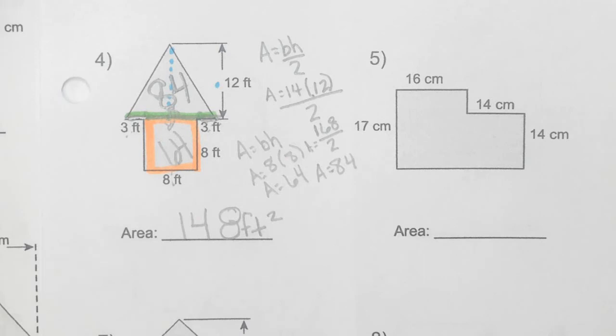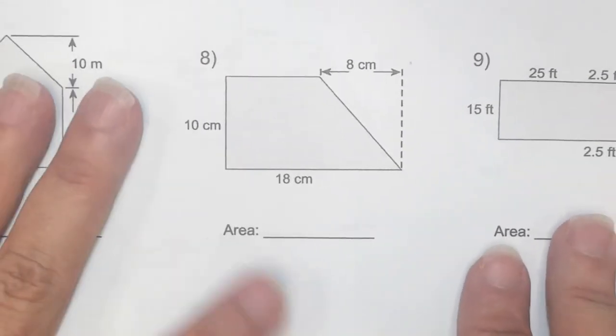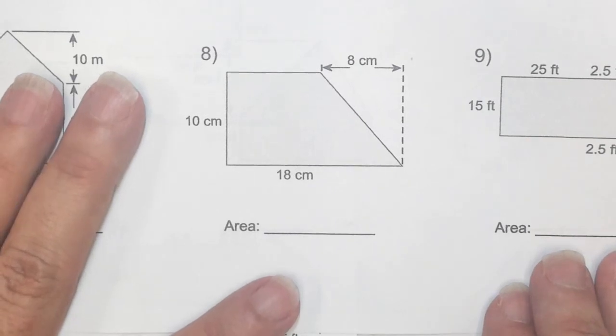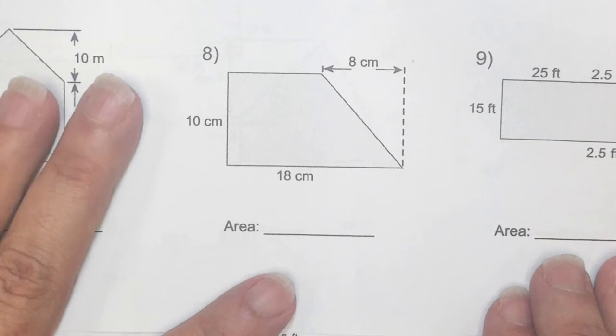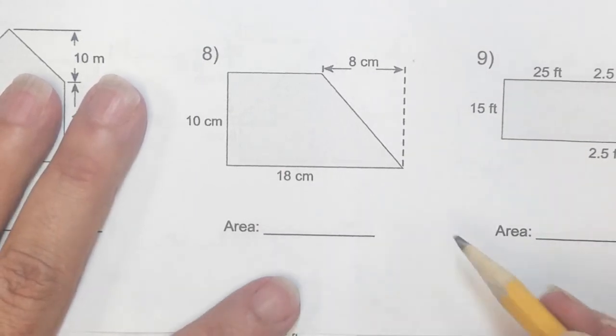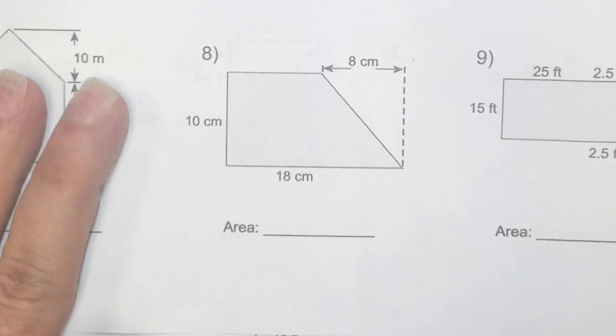Look at, and I'm kind of skipping around a little bit, but look at number 8 now. Look at number 8. What shape is it? A trapezoid. Now, thinking about the formula, you need 2 bases that run like railroad tracks.